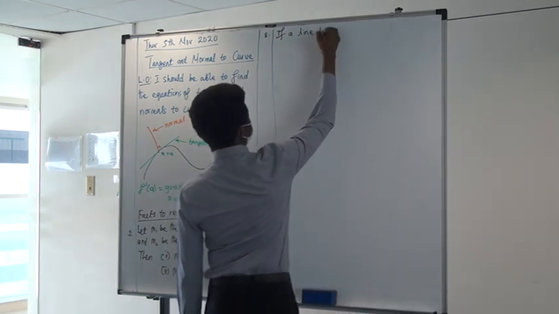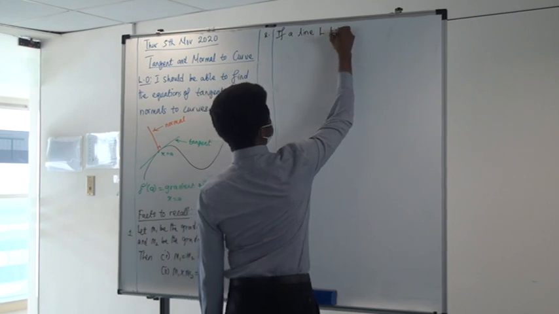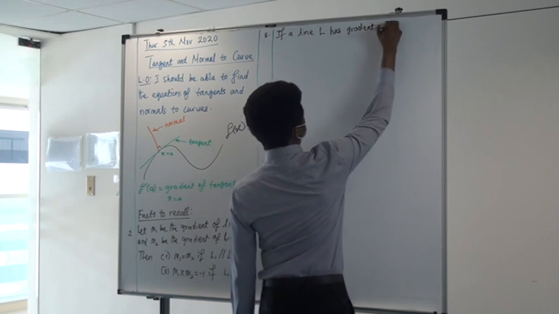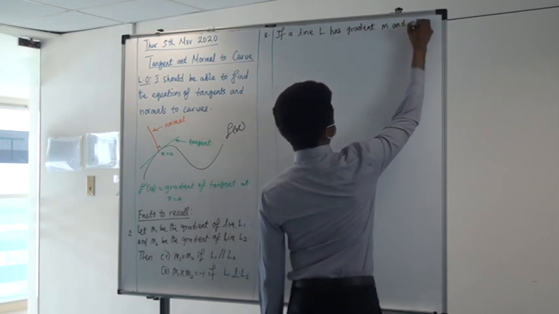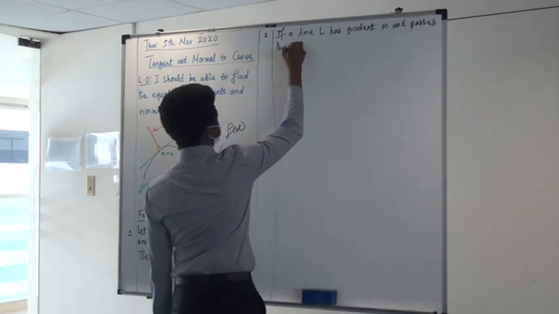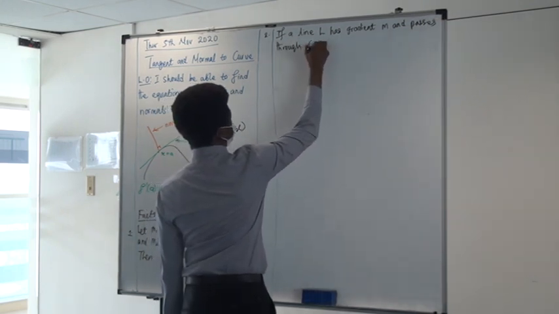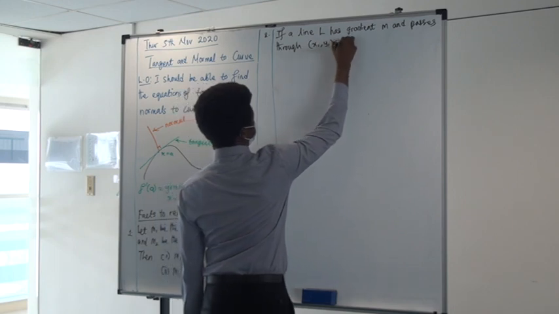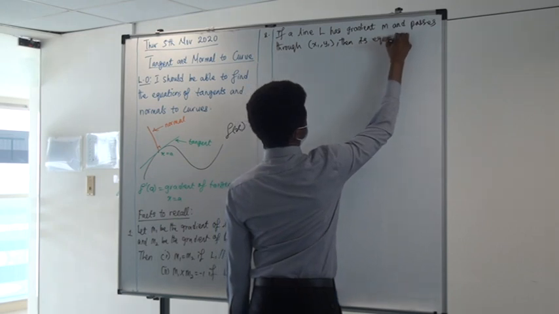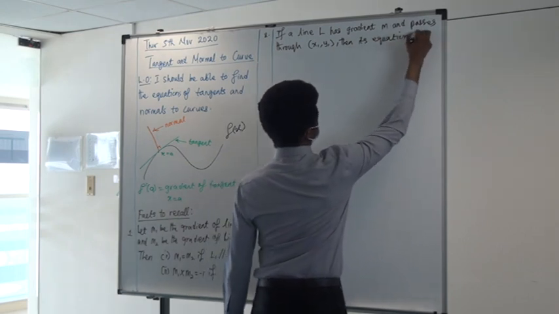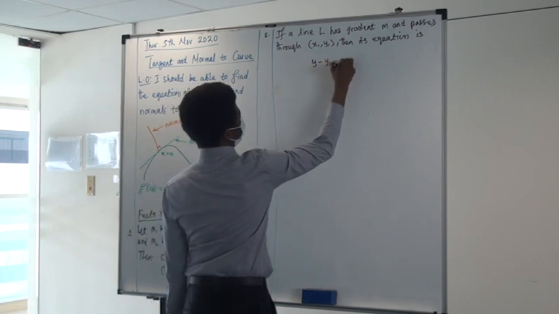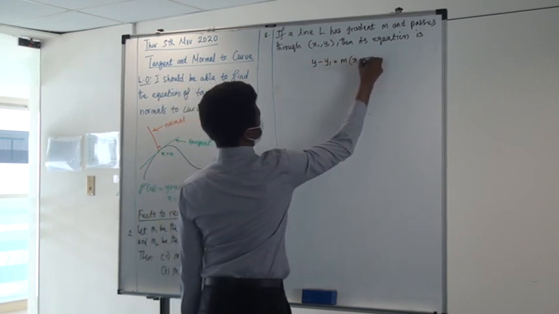If a line L has gradient m, and it passes through the point (x1, y1), then its equation is given by y minus y1 equals m times (x minus x1).